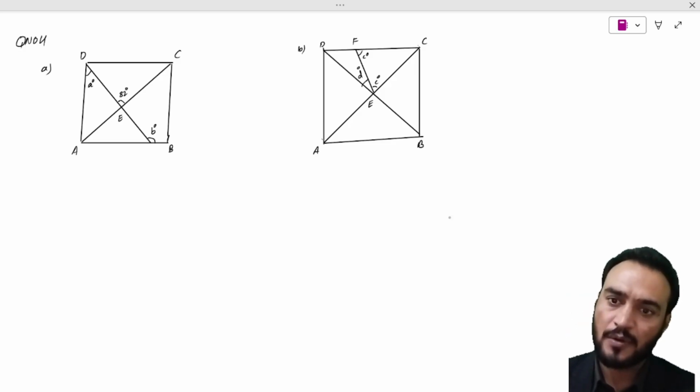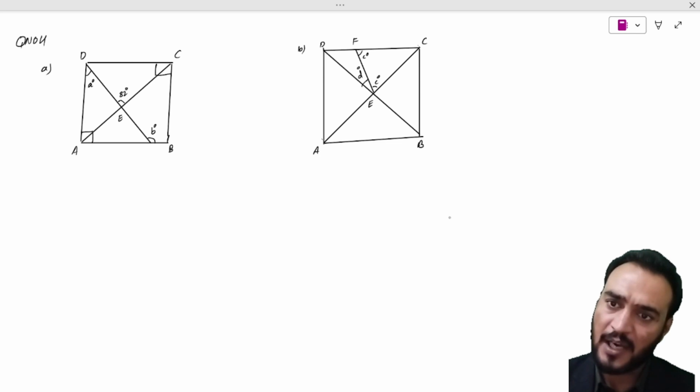So as you know that the diagonal in a square bisects the interior angles. So all the angles in a square are equal to 90 degrees. So if this angle is equal to 90 degrees, then this angle is also equal to 90 degrees.